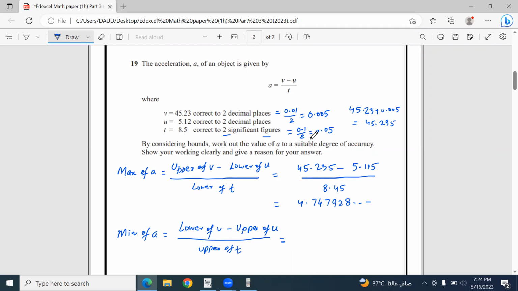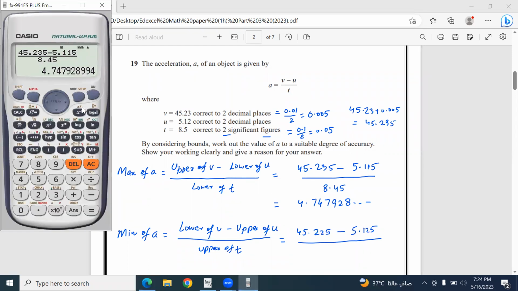So for the lower value of v, now we will subtract 0.005 from 45.23, so we will get 45.225, and minus, if we check the upper value of u, we will add 0.005 to 5.12, so we will get 5.125 over the upper value of t.